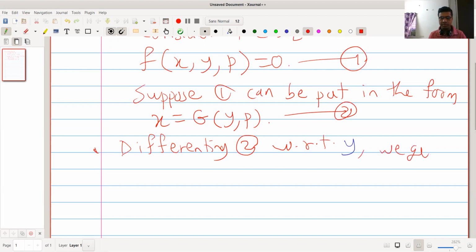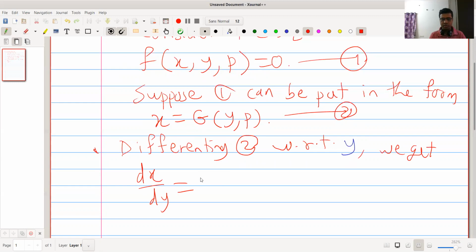We get, so left hand side is dx by dy and right hand side function g contains y as well as p. We treat p as a function of y here and differentiate with respect to y.